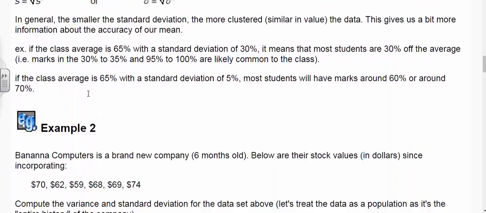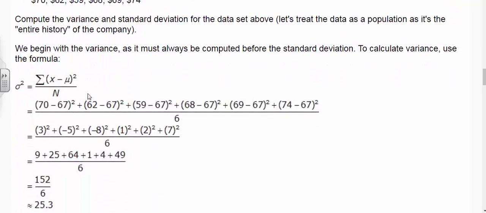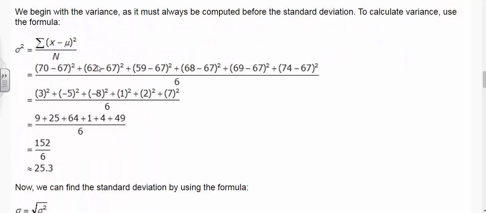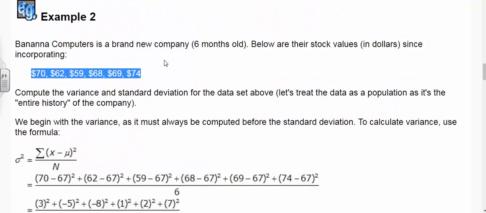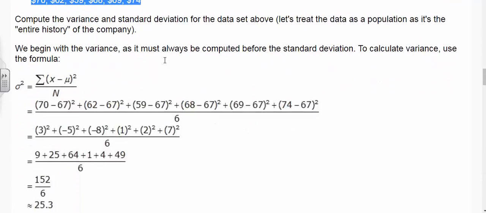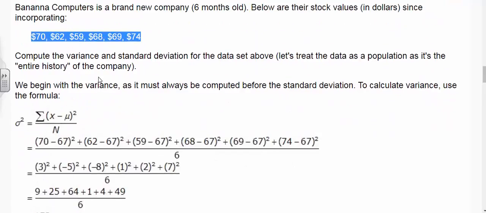Okay, so again, kind of strange looking, scary looking, but if we come down here to an actual example, here is the data that we're working with. We find the average or the mean in the group to be 67. And then take each individual member of the group and subtract the 67.